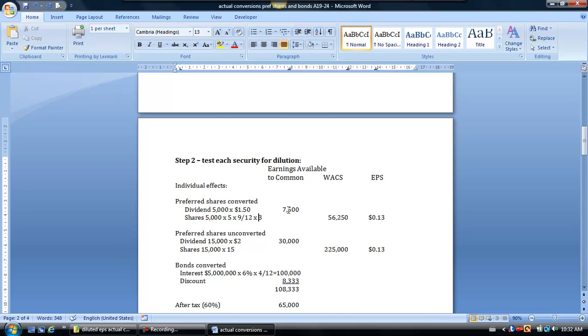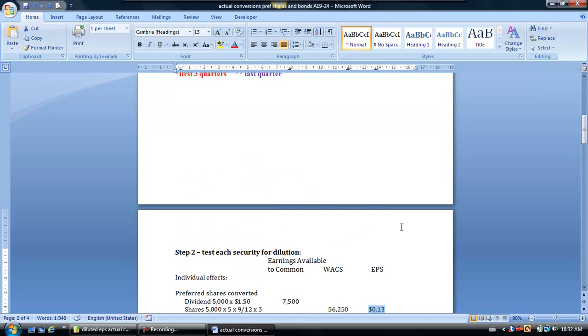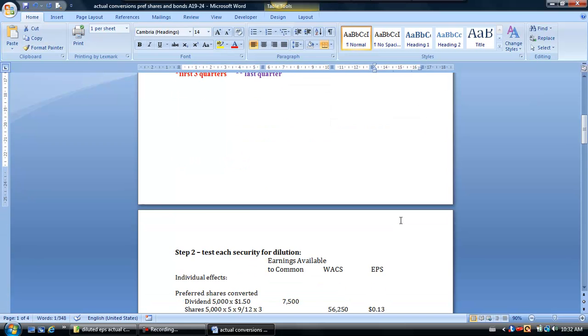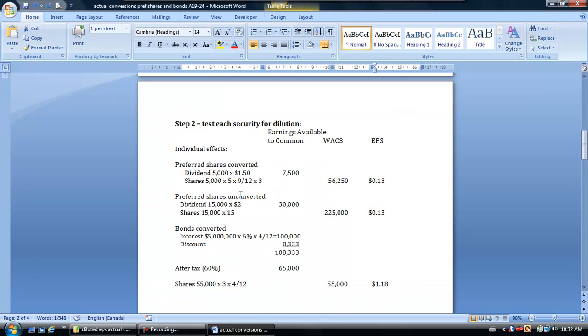And all of those shares that existed at the beginning of the year would have got the benefit of the share split. So therefore, this 3 relates to the split that happened on December 1st, because all of the previous shares earlier would have got advantage of that split. So now your WAX would have gone up $56,250. So your EPS here would have been $13 a share. Since it's less than your $1.61, we would say we're going to include it in your diluted EPS calculation.